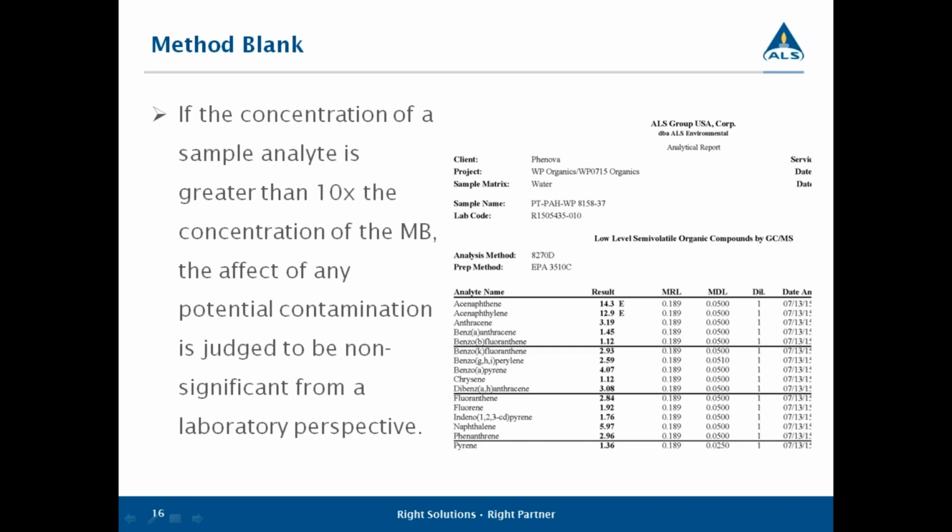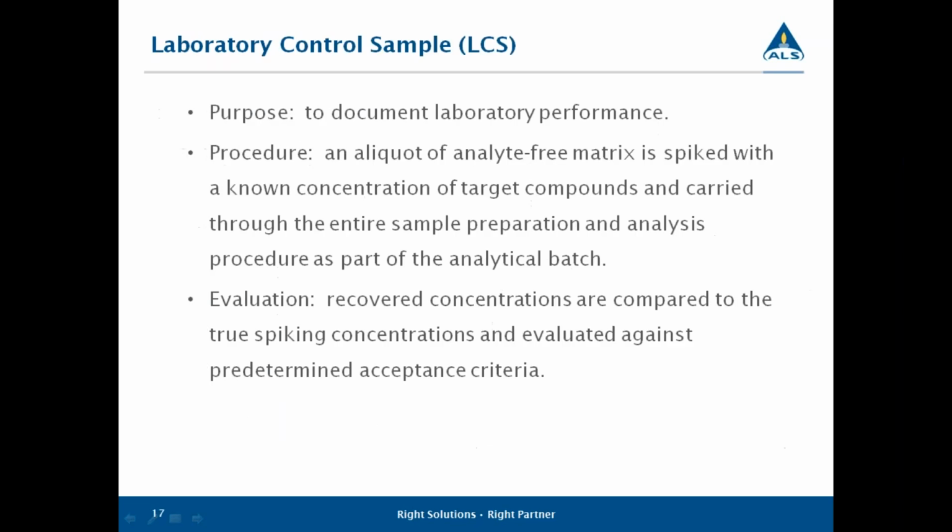That's orders of magnitude less than the actual phenanthrene result in the sample. So we determined that there's no effect on the sample itself, and we go ahead and release the data. If it's less than 10 times, then the data is reported with, in this laboratory, a B flag, and that will indicate that there is a potential contamination issue.